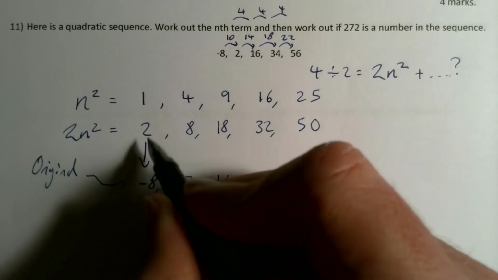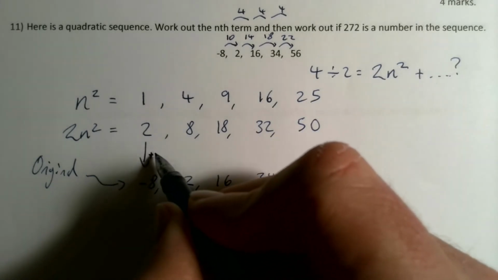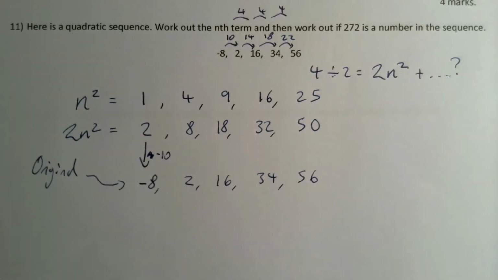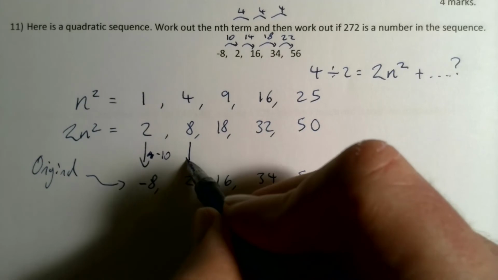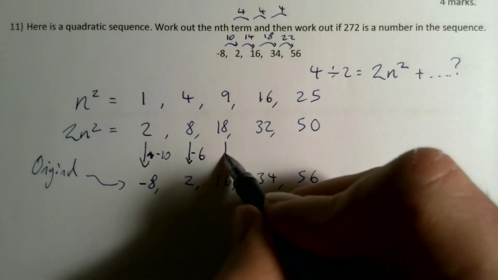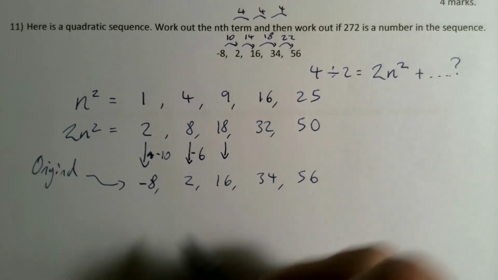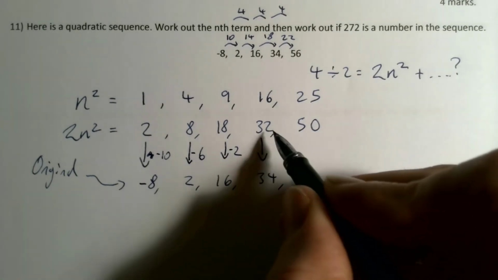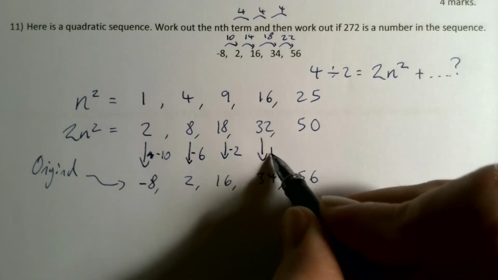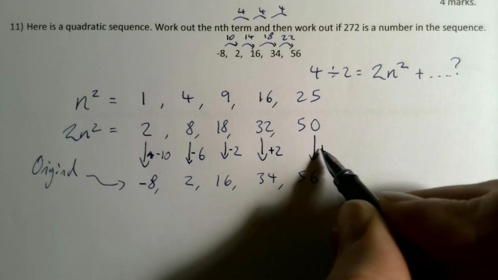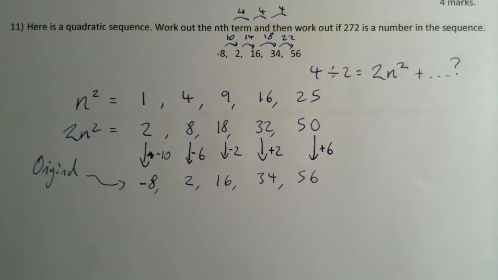Now I need to take 10, don't I, to get from 2 down to there. What do I do from 8 to get to 2? I take 6. To get from 18 to 16 I take just 2. To get from 32 to 34 I've got to add 2, and to get from 50 to 56 I add 6.